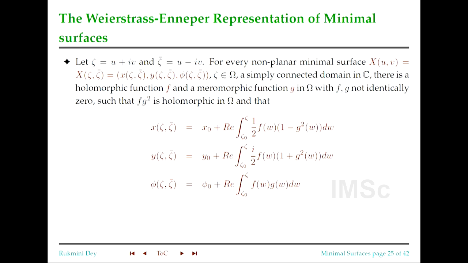Holomorphic means it depends only on w, it doesn't depend on w bar. You can choose your favorite f and g, with f holomorphic and g meromorphic but f g squared holomorphic, and this is always going to be a minimal surface. The only restrictions are these.